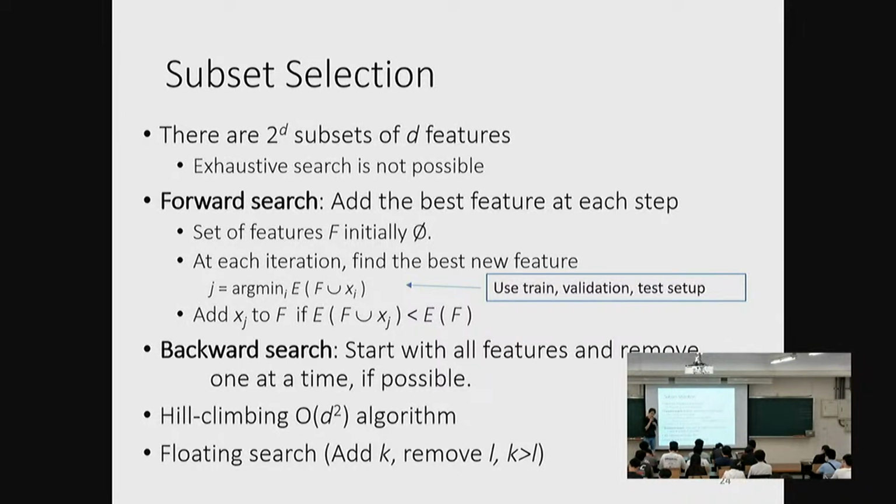I call it floating search. You add K features forward, and then remove L features backward. So forward K, backward L. In that way, it can actually find a little bit better set than forward and backward alone.